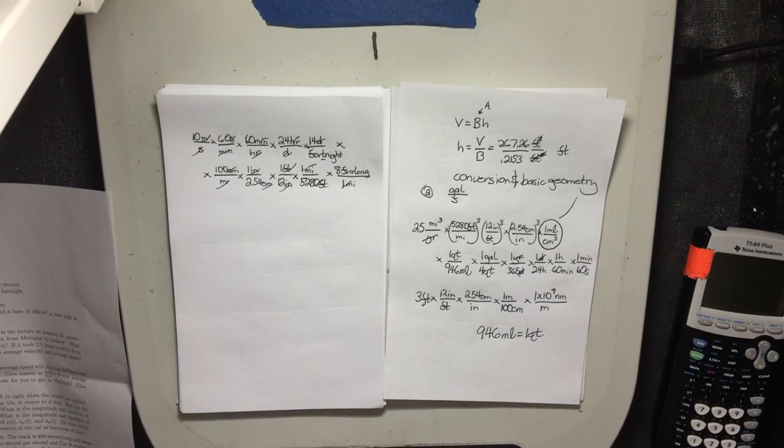So we're left with furlongs per fortnight. And since we're not dealing with areas or volumes, nothing is squared in any of this.